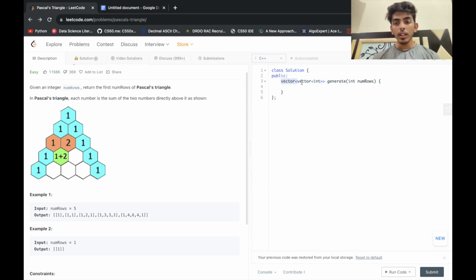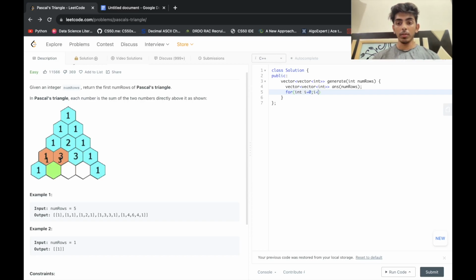First of all we declare the answer vector, which is a 2D vector, and the number of rows inside it is num rows. Because the number of columns is different for each row, we have to populate according to the desired value.